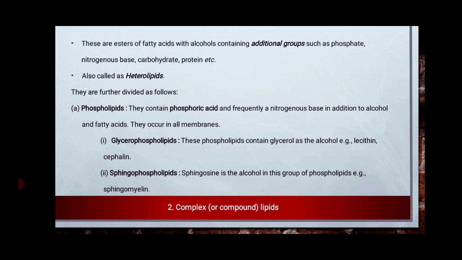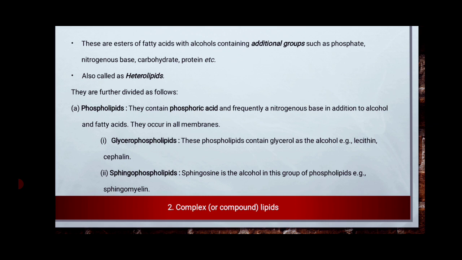They are further divided as follows. The first one is phospholipids. As the name indicates, they contain phosphoric acid and frequently nitrogenous base in addition to alcohol and fatty acids.